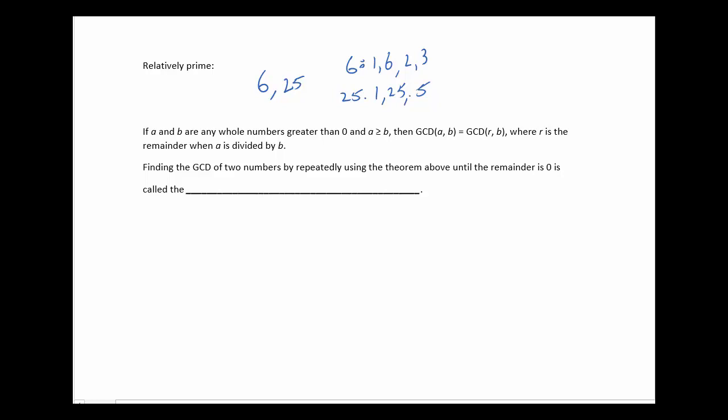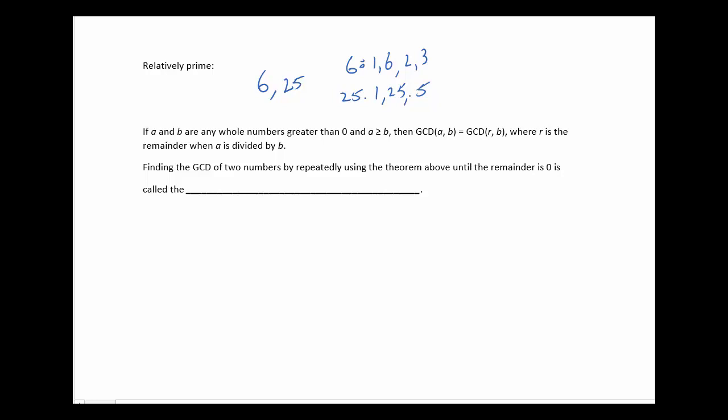They're relatively prime. So the definition of relatively prime: if I have two whole numbers, both greater than 0, and a greater than or equal to b, meaning clearly one is bigger than the other, or at least they're the same, then the greatest common divisor of those two numbers is the same as the greatest common divisor of r and the second number, the second number being the smaller of the two. R we define as the remainder when we divide a by b.